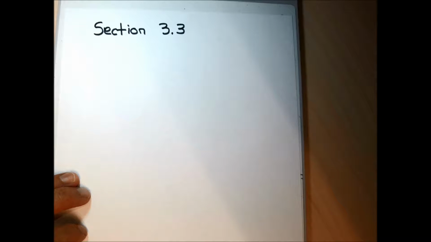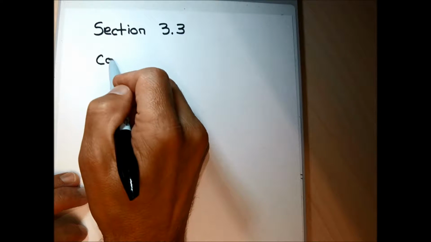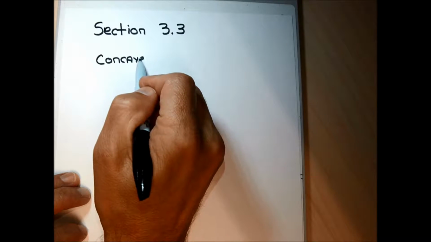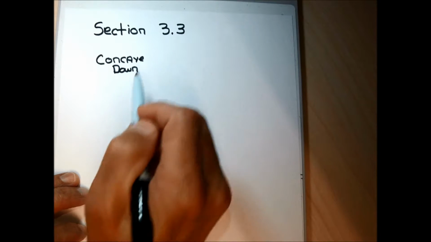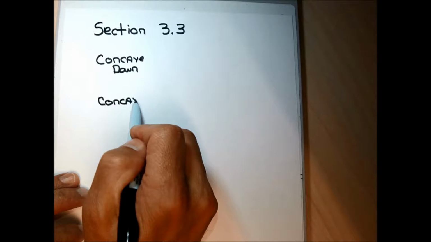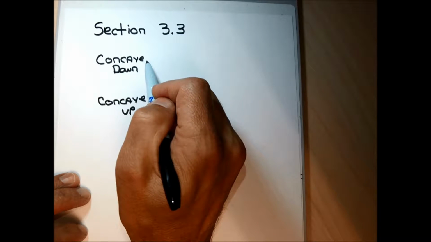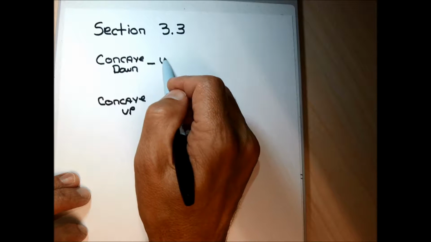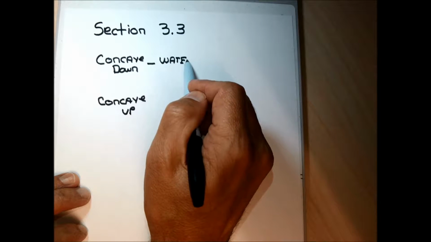And before I jump into the section, we have to know what it means for the graph of a function to be concave down and visually, I guess, what it means for the graph of a function to be concave up. Basically, a graph is concave down over any interval, I'll say, where water will fall off as opposed to puddle.